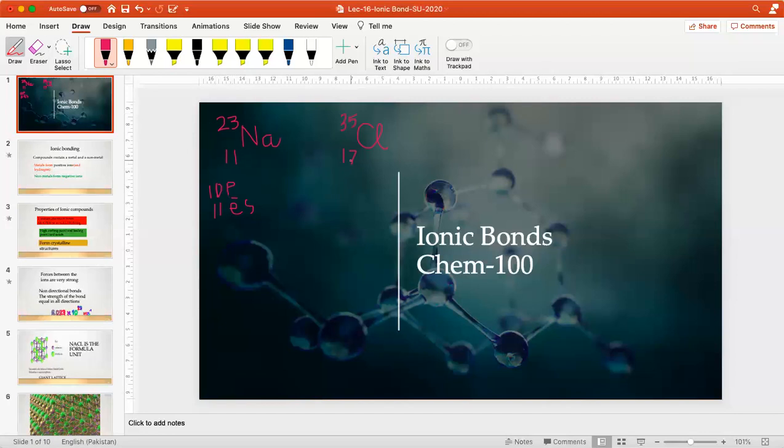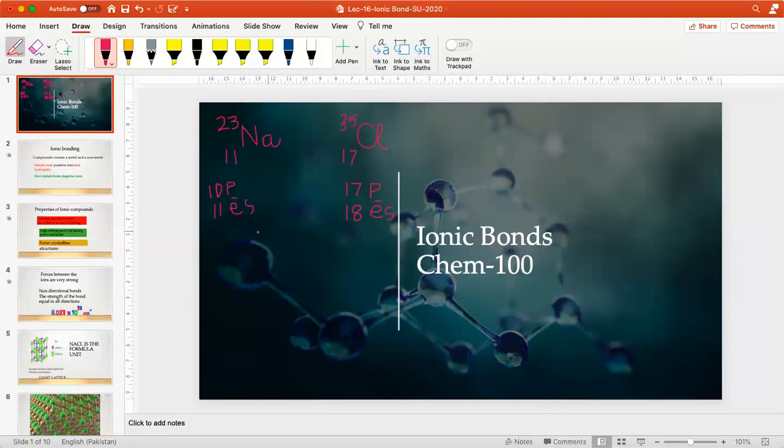When chlorine gains one electron, it will now have 17 protons, okay, and 18 electrons. This is the basic thing to understand how the ions are formed.